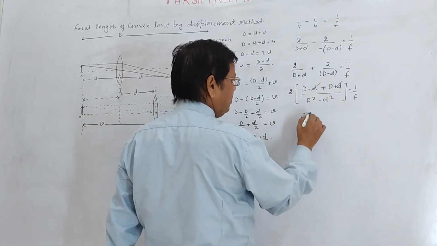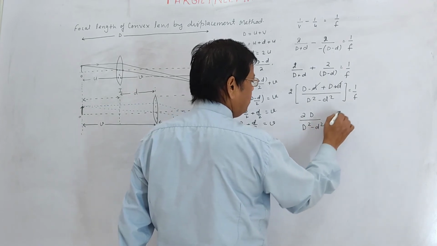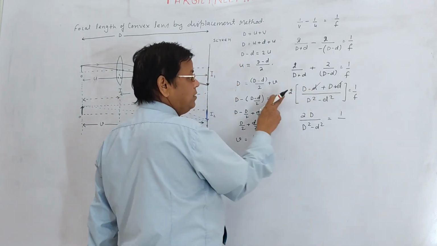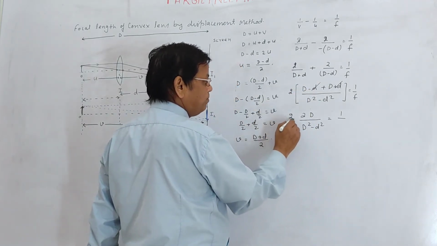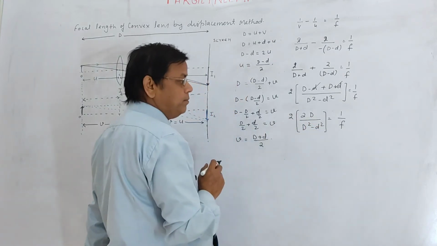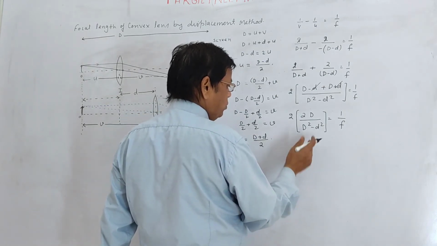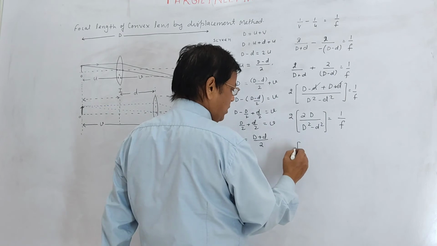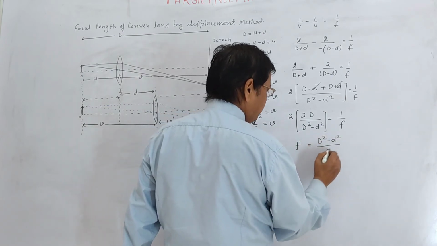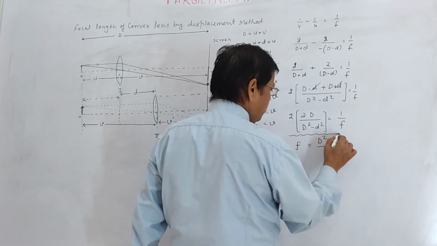So 2 capital D upon D square minus small d square, and 2 more, is equal to 1 upon f. So from here I can write f is equal to the reciprocal. So f will be equal to D square minus d square divided by 4 capital D.